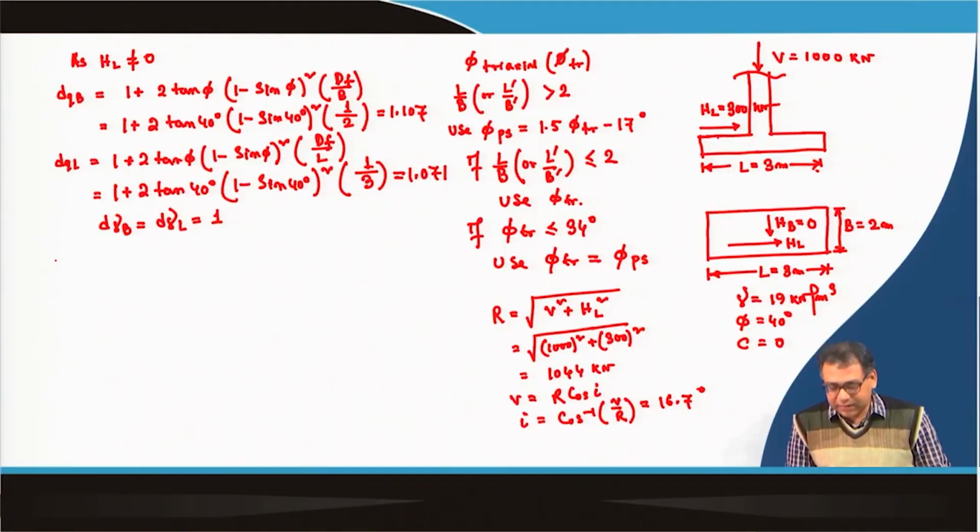So, in the next class, I will solve the remaining part of this problem, because I have determined only the depth factors, where you have to go for 2 sets as HL is not equal to 0. But that modification you have to apply to the shape factors. So, that I will do in the next class. Thank you.